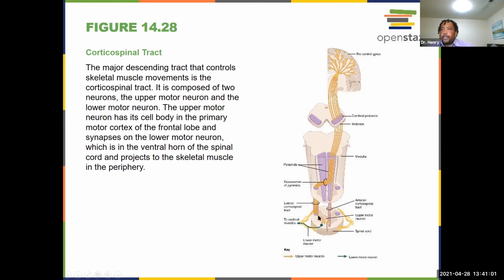Literally, that axon is going to extend all the way from our brain down to the spinal cord, where it connects to that skeletal muscle in the periphery, like say on our arm. So that gives us an idea of the length of these upper motor neurons.